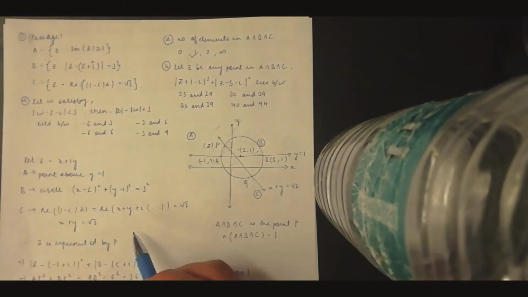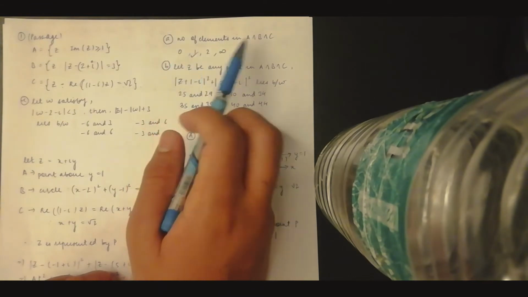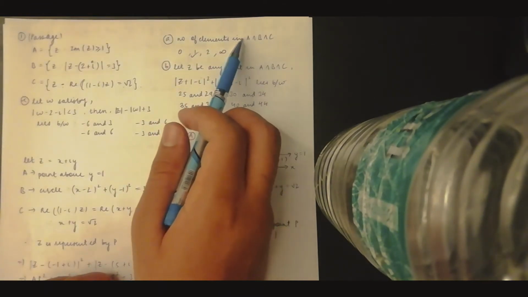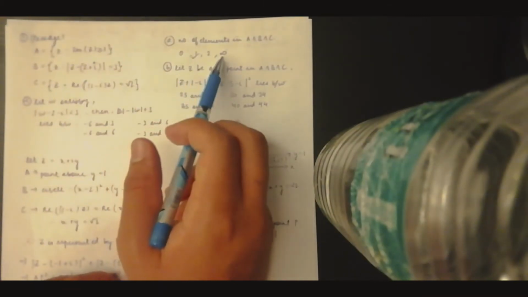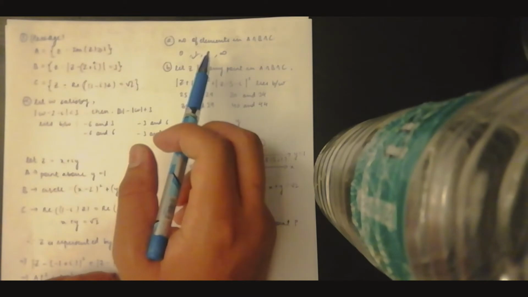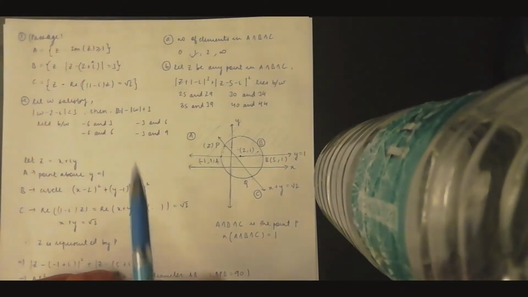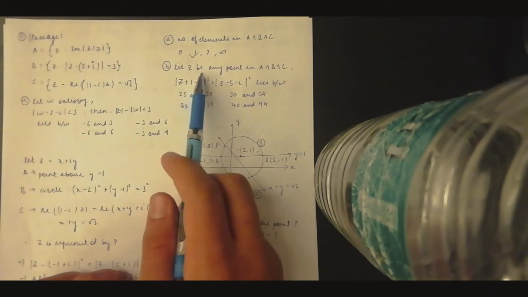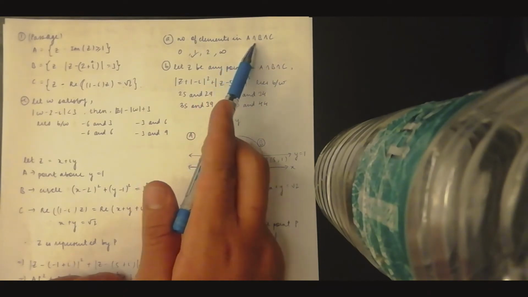Now the first question of this passage is how many elements are there in A intersection B intersection C. We have four options: 0, 1, 2, up to infinity. Then the second question says let Z be any point on this set.